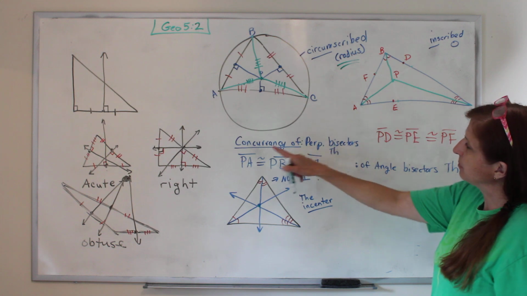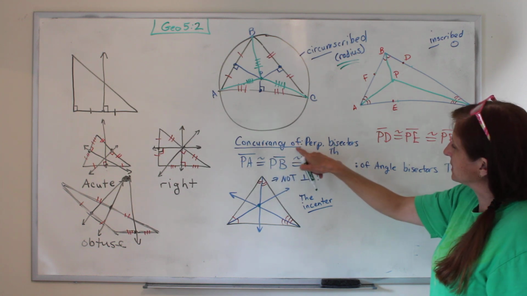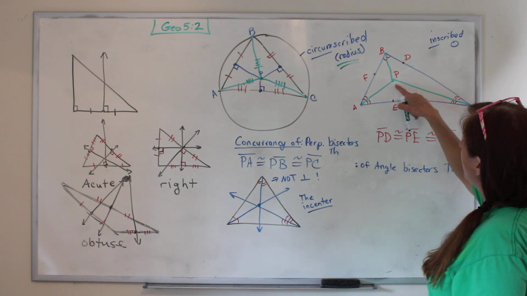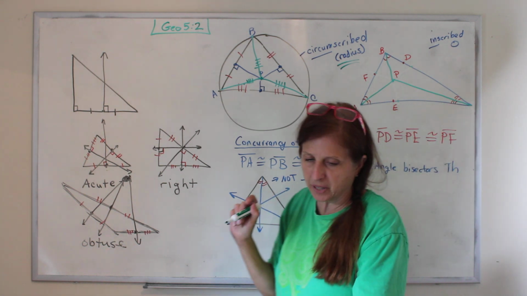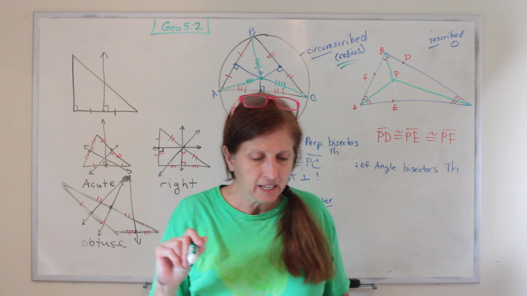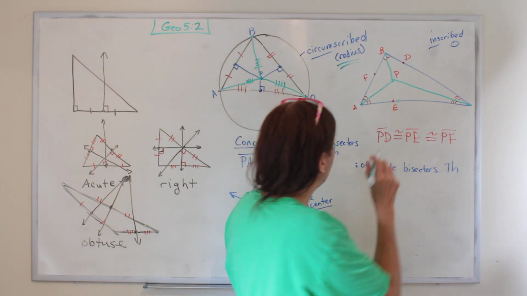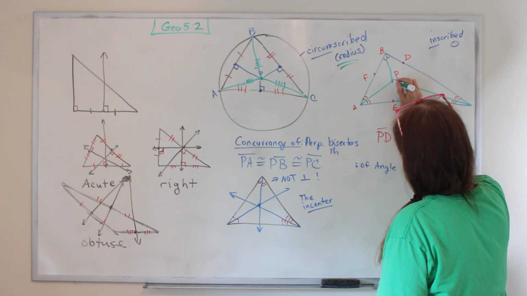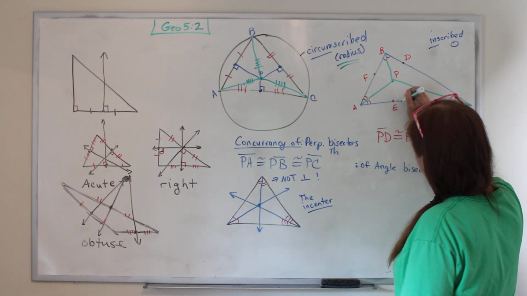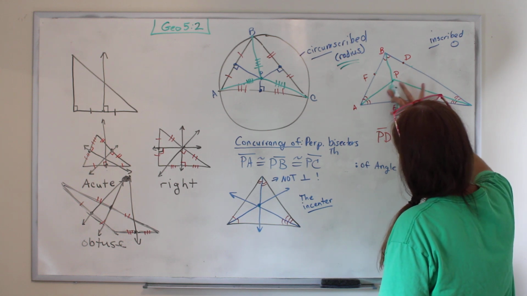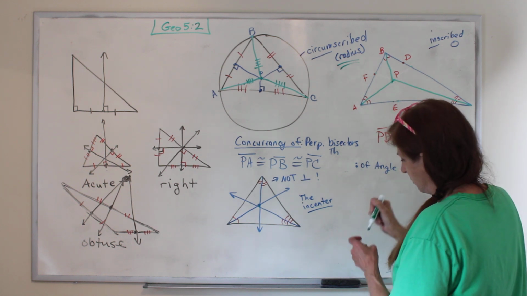And this is going to be another theorem. It's going to be the concurrency of angle bisectors theorem. So they all meet in the middle at P, and if we decided to drop a line from P perpendicular down to the side, let's try a new color.